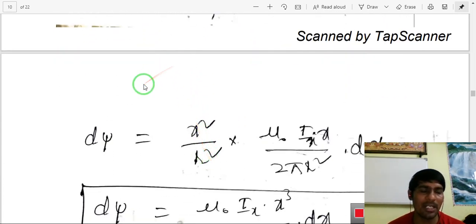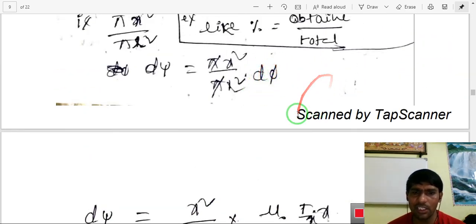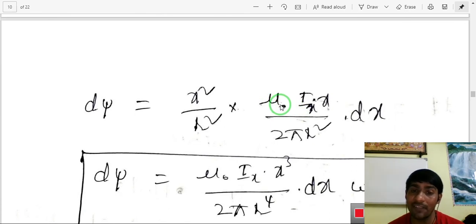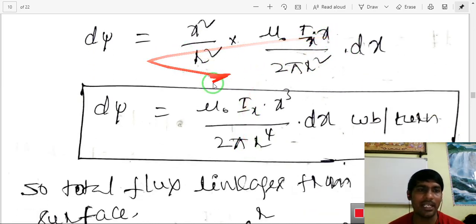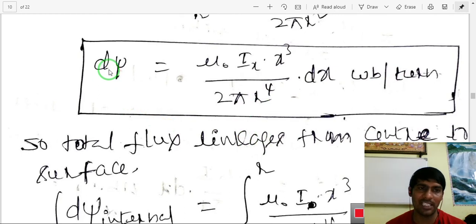This equation can be written as dψ equals x² by r² into μ₀, where instead of dφ you substitute the value you already found, μ₀ I_x into x by 2πr² into dx. Simplified, dψ, the flux linkage on the small particular area dx, equals μ₀ I_x x³ by 2πr⁴ into dx Weber per turn. This is the final formula for the flux linkage dψ of the small area.